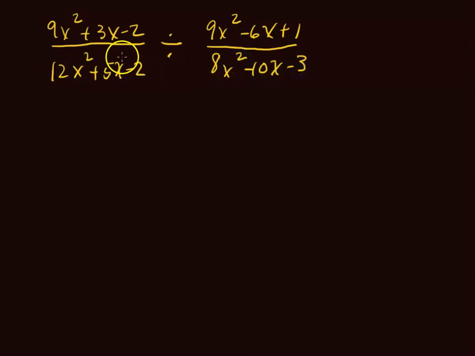Now let me check my numbers here. Make sure everything is correct. Hate to get almost all the way through a problem and then have somebody say, oh, you forgot a plus sign here. Okay. What do we need to do?